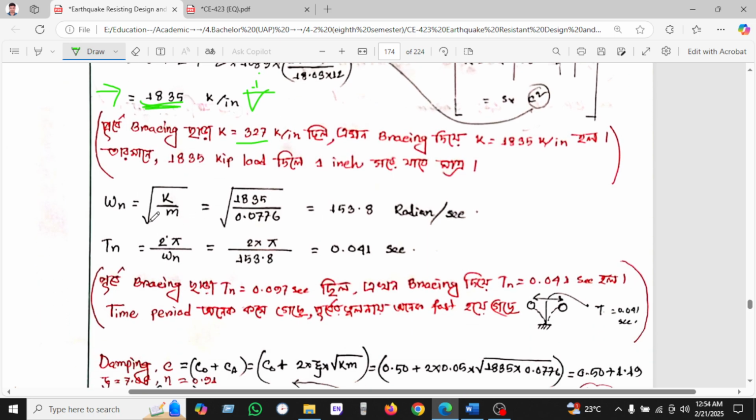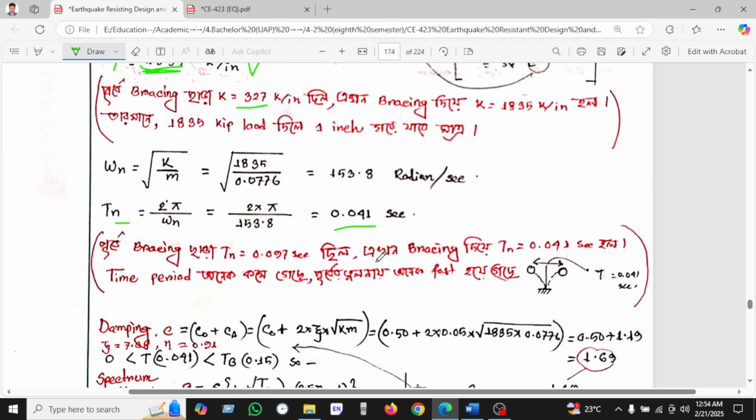Okay, let's see the natural frequency, root over K by M, and the time period, which is 2 pi root over M by K, and we found 0.041.